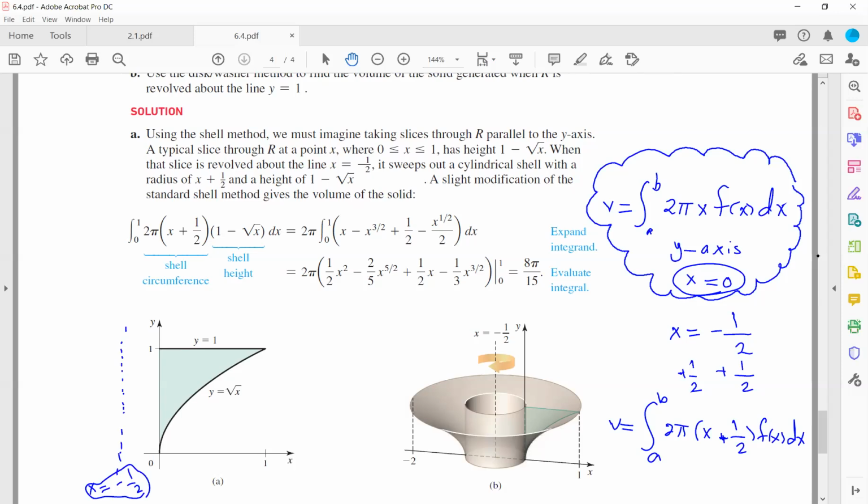Our x ranges between 0 to 1. When you set these two equal to each other, x is equal to 1, the intersection between them. So x ranges between 0 to 1, 2 pi, x plus 1, x plus 1, and your function f is 1 minus square root of x.